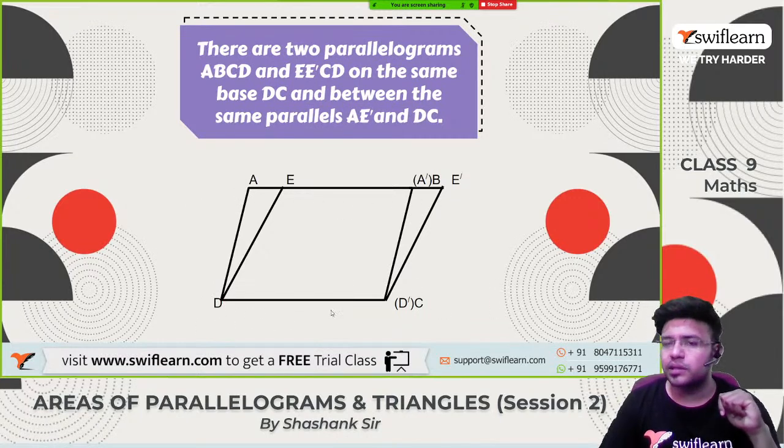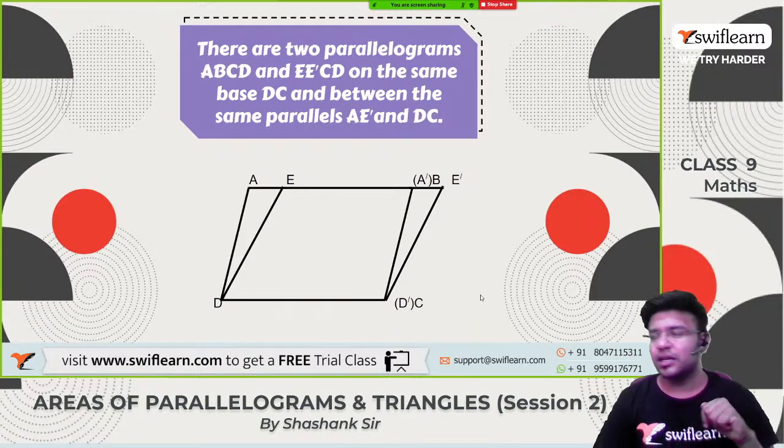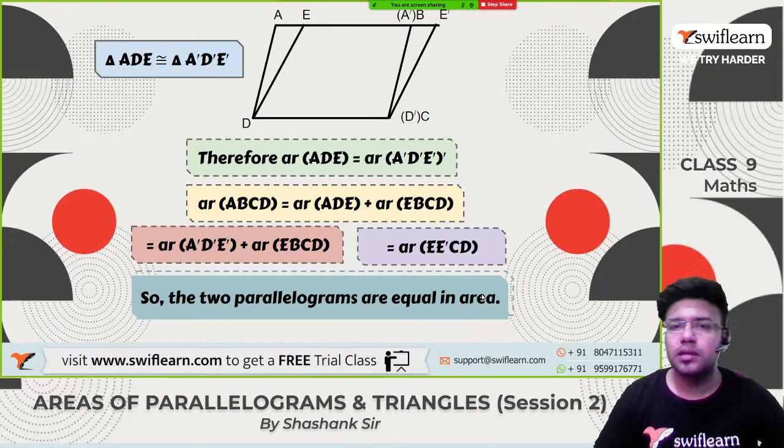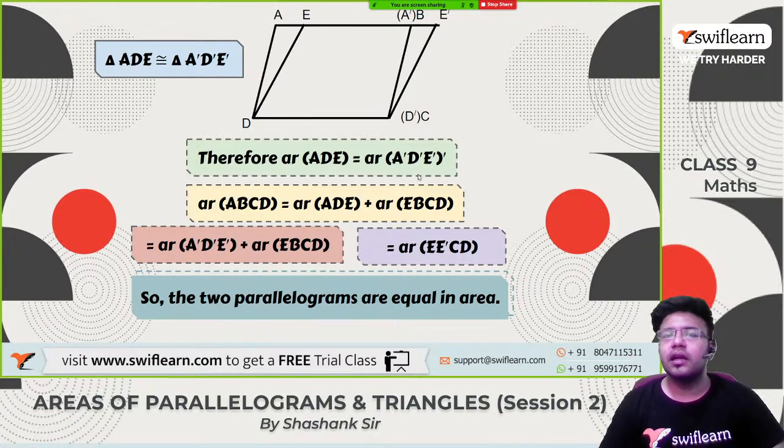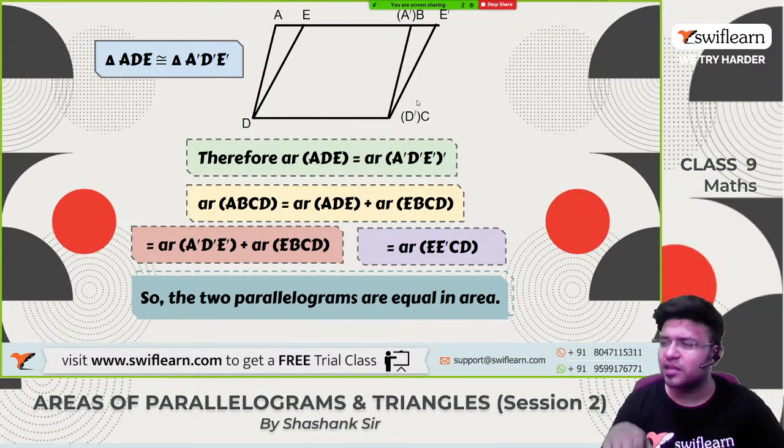Same base is DC and same parallels are AE' and DC. These are the two parallels. Therefore, area of triangle ADE is equal to area of triangle A'D'E' because we have traced it.